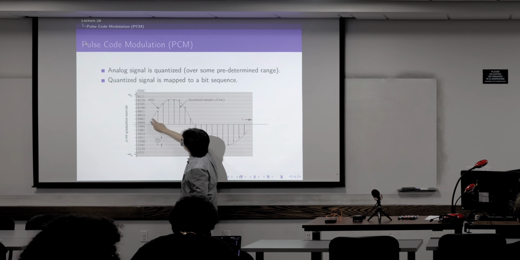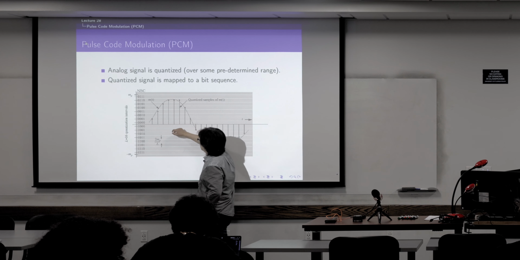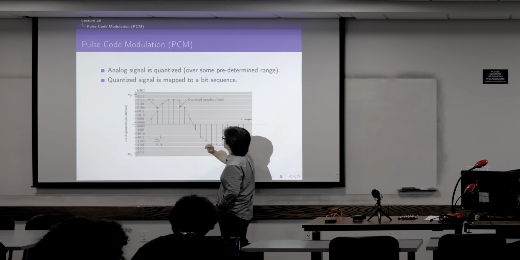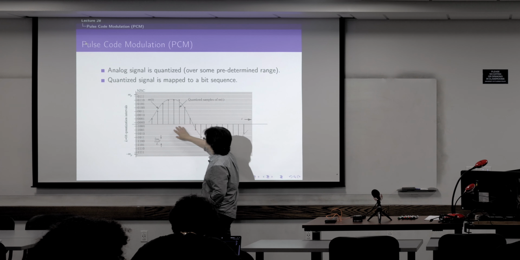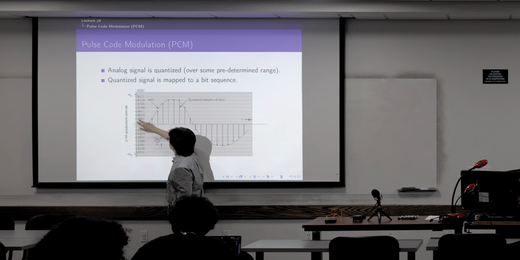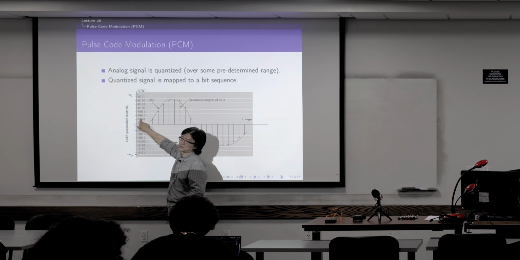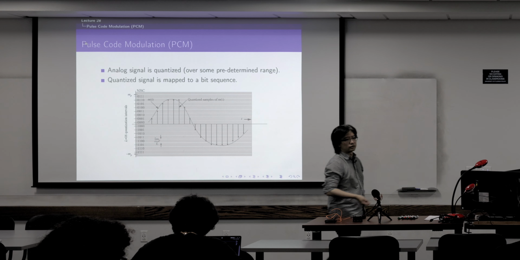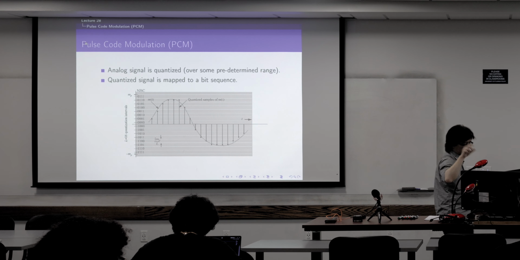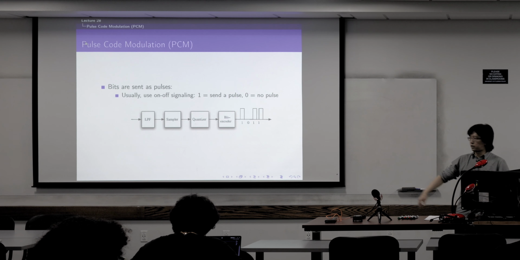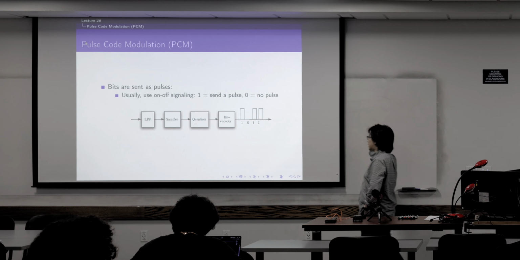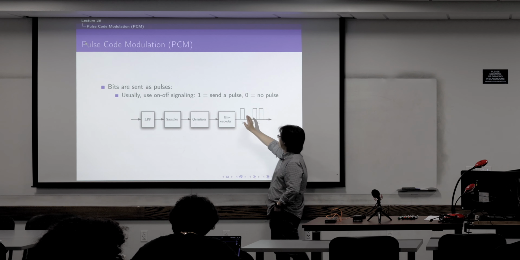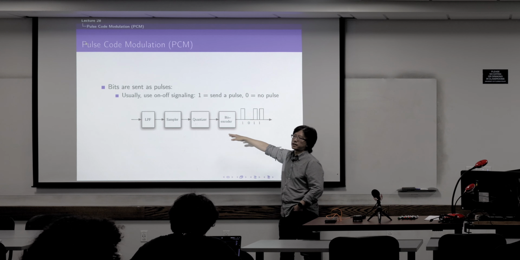Then we transmit all of those numbers. Instead of transmitting the real numbers, because we have a one-to-one mapping between this number and our 4 digits, we can just transmit these 4 digits. So it's a kind of coding: we code a real integer value into these bits. It's called a bit encoder. Then we just need to transmit the binary bits.